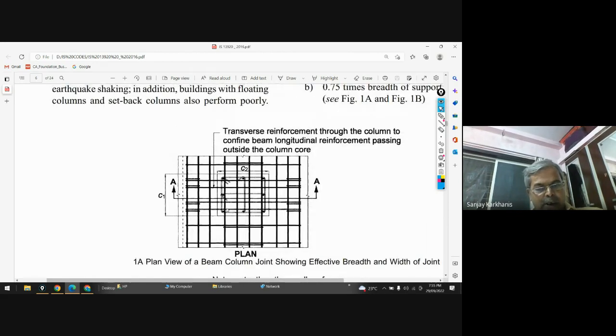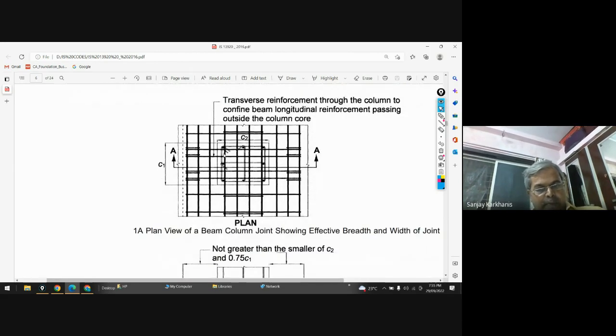You can check it over here. See, here you have the reinforcement of the column. Already this column may have around 12 bars or 20 bars, depending on its size. Already the vertical bars are coming in that joint, and these are the horizontal bars of the beam at top and bottom.